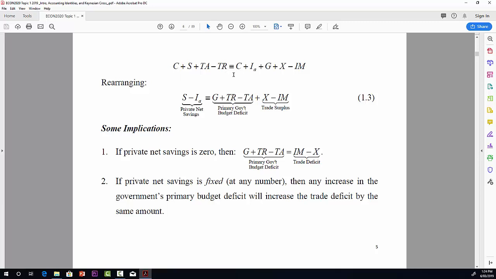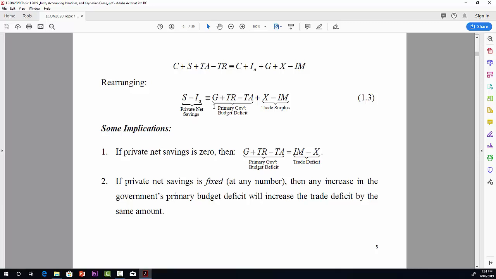And I'm going to collect terms. On the left-hand side of this equation, I'm going to keep savings, S, and I'm going to bring investment over to this side. Of course, it's going to take a minus sign when I do that. And then I'm going to throw everything else on the right-hand side. So just rearranging, we get on the left-hand side, S minus IA, which is known as private net savings.